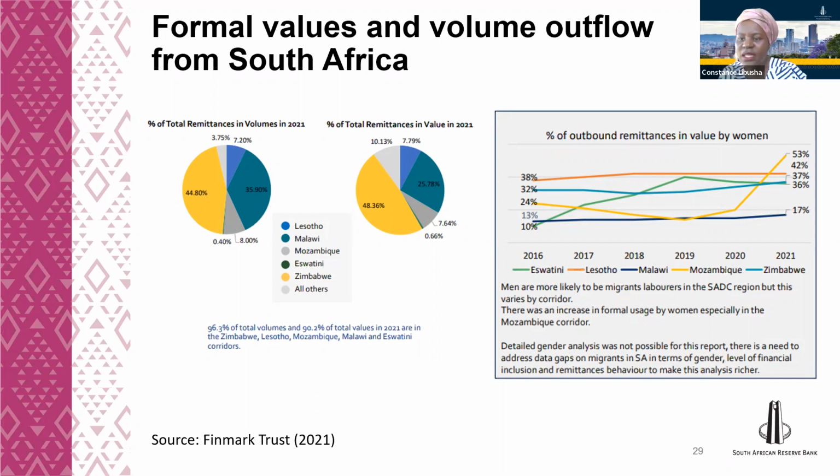I think I skipped 36%, which is Eswatini. So you'll see that there's a bit of a difference here, because when we look at volumes and values, Zimbabwe is the biggest, but when it comes to gender, more males are sending money to Zimbabwe than females. I felt it would be interesting to see. Yeah. Then the next slide.